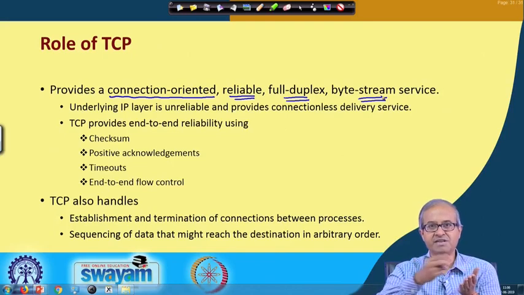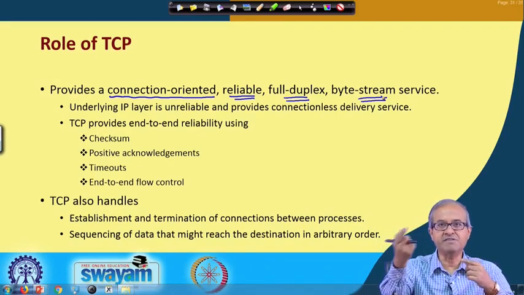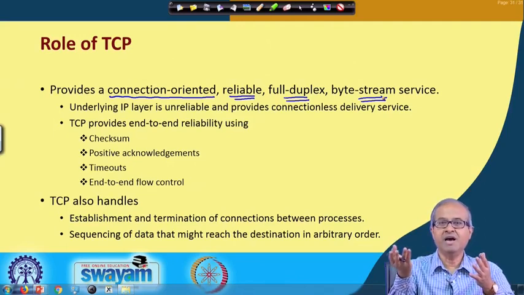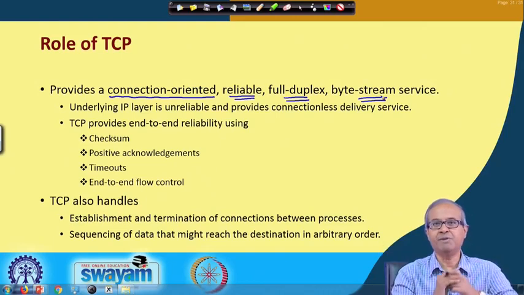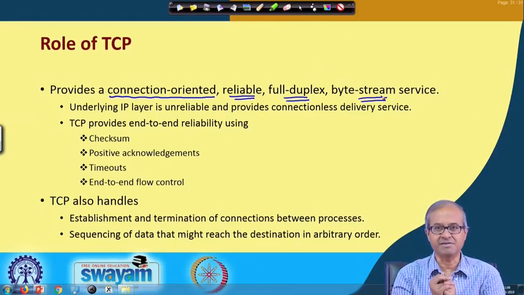So, each byte has a number 1, 2, 3, 4, 5, 6, 7, 8 and both sender and the receiver keep track of these byte numbers. How many bytes I have already sent, how many bytes I have not yet sent and similarly the receiver sometimes sends back an acknowledgement. It says that, well, I have received all bytes up to byte number 1050, you can now send me the bytes after that, something like that. Okay.